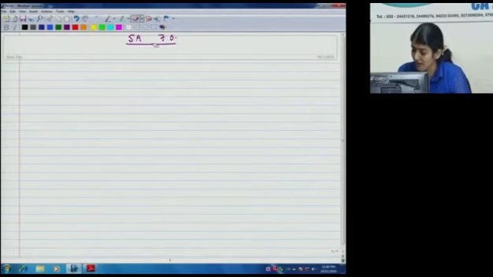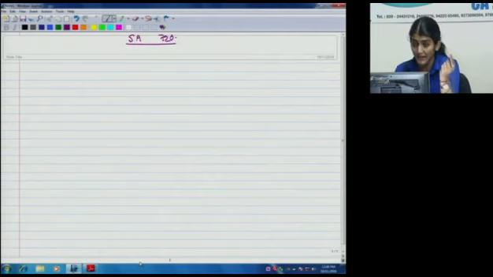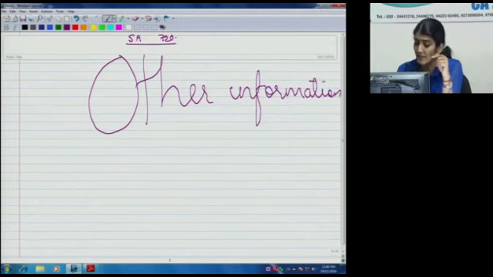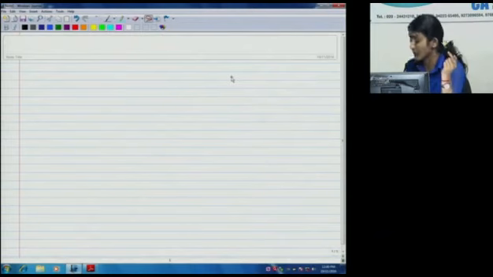Then we came to the last one in the 700 series, SA 720. The auditor's responsibility in relation to other information. It talks about other information in documents containing the audited financial statements. So we said contents of annual report minus financial statements is equal to other information.